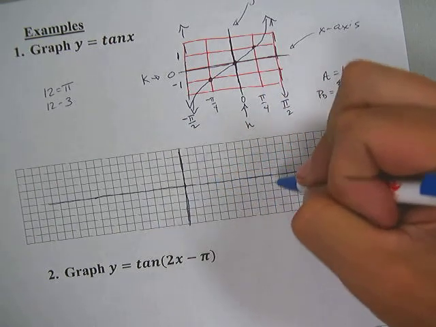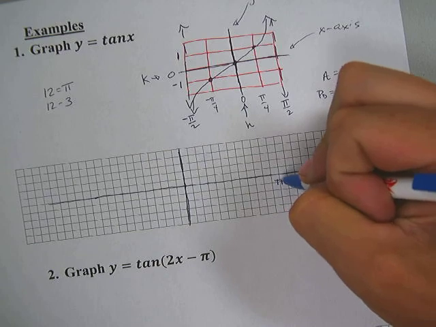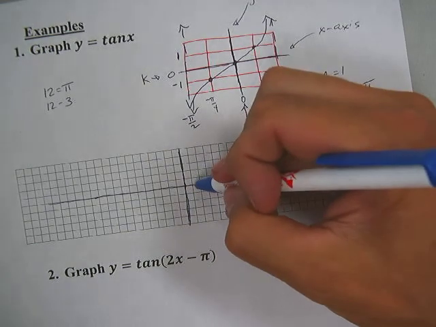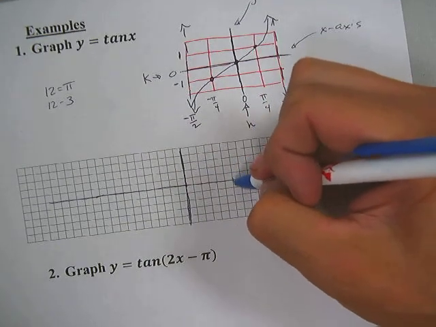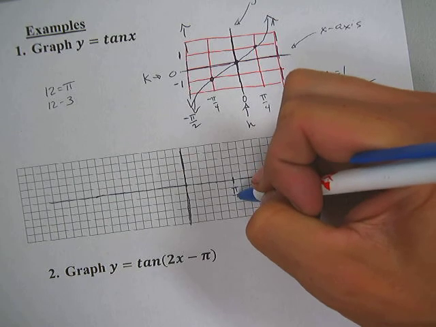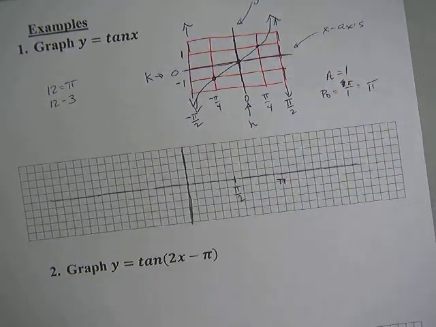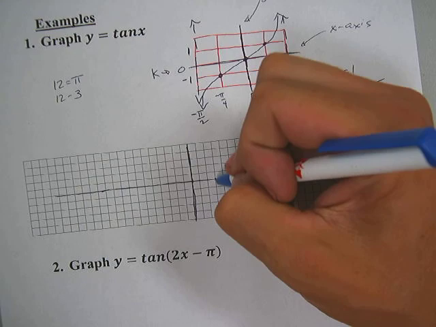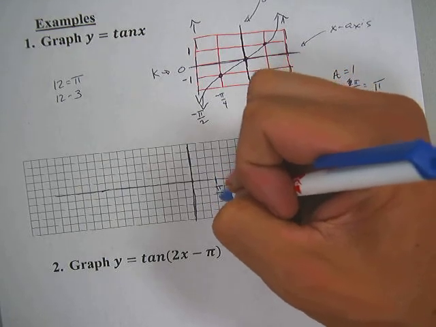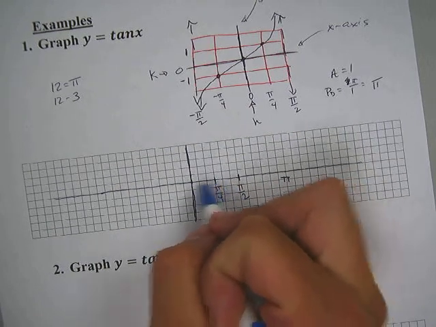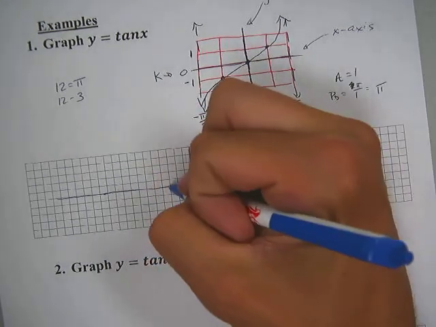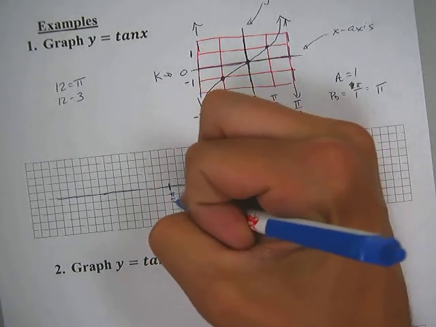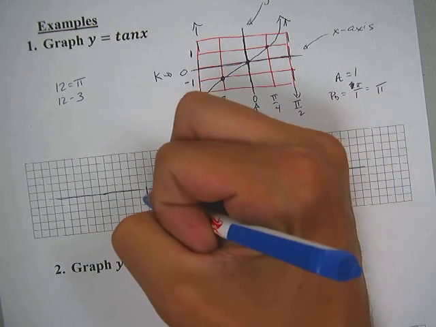Now, what that means, if I were to measure this all out, if this is 0, so 1, 2, 3, 4, 5, 6, 7, 8, 9, 10, 11, 12. Here is pi. So halfway, 3, 4, 5, 6. That's my pi over 2. Now, halfway in between there, there's my pi over 4.